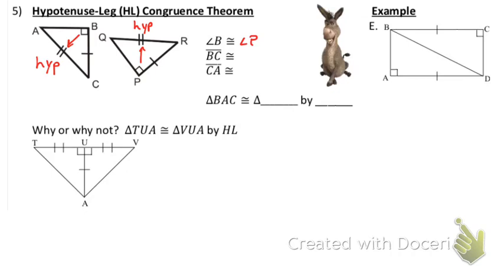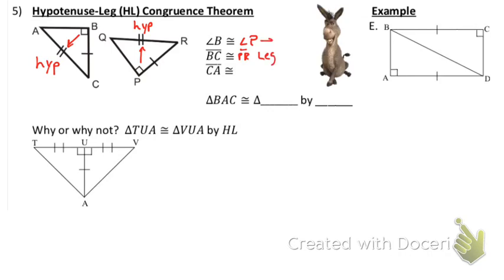Okay? And then we have to have a leg congruent. Again, a leg is just another side that's not the hypotenuse. So if you look here, BC is congruent to PR. So that would be my leg.